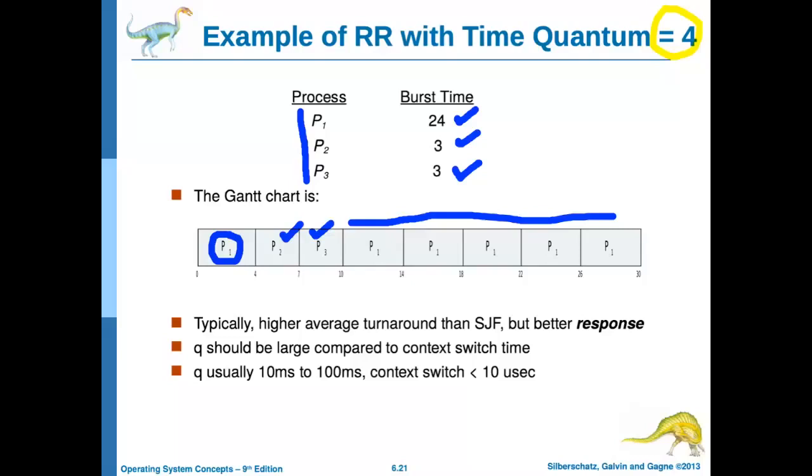Whatever the time quantum, it should be far greater than the context switch overhead. So if we denote the time quantum by Q, it should be large as compared with the context switch time. Typically it is between, as I already mentioned, 10 to 100 milliseconds, whereas context switching time is less than 10 microseconds. So this is round robin.